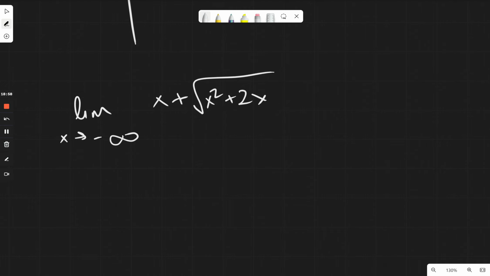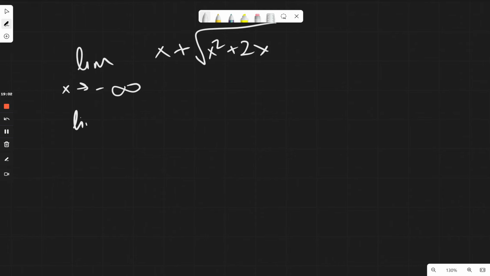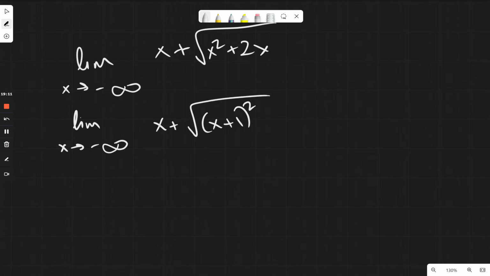What we really want to do here is change this to the limit, of course, as x approaches negative infinity of x plus the square root of (x plus 1) squared minus 1. Now, if you don't see what I did here, it's okay. This is called completing the square. You do it in algebra 2, pre-calc. If you think about it, x plus 1 squared is x squared plus 2x plus 1, and you subtract 1.